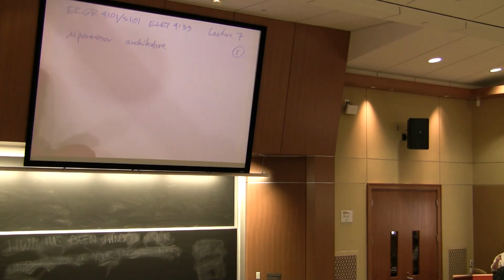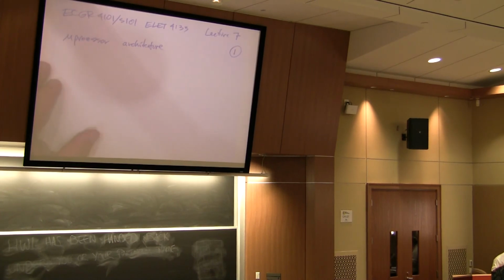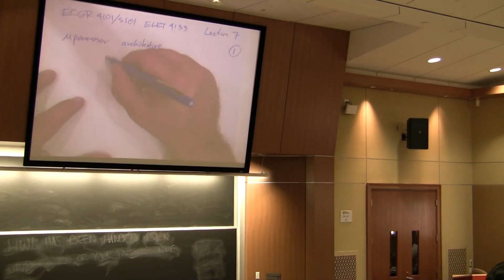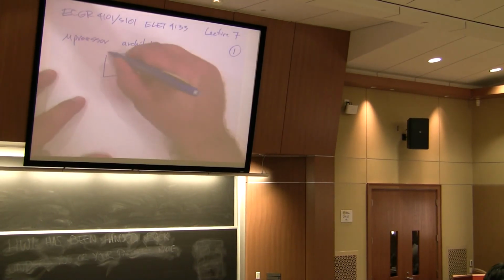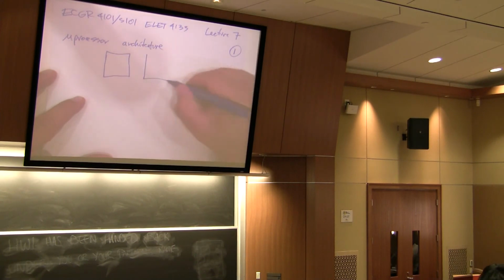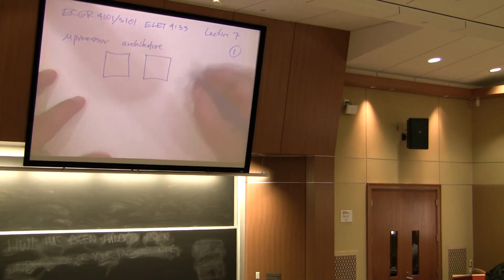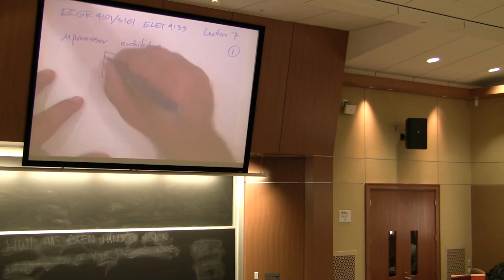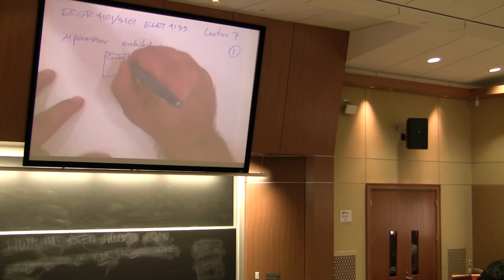Now I'm going to go back to your digital logic classes and also your computer architecture classes for this. What you will typically see is two general parts of an architecture. You'll have your data path and you'll have your control path.